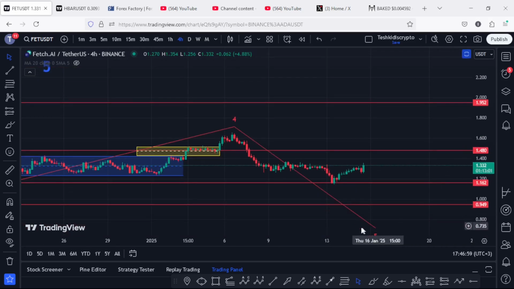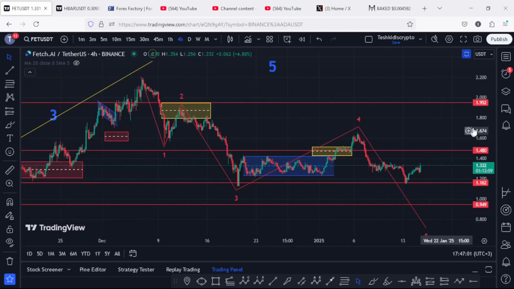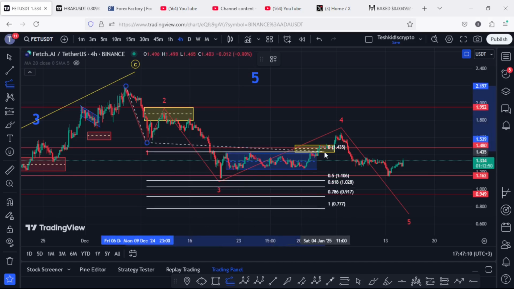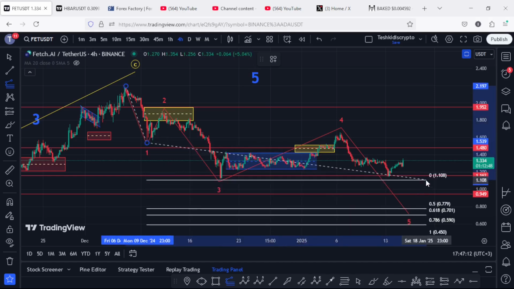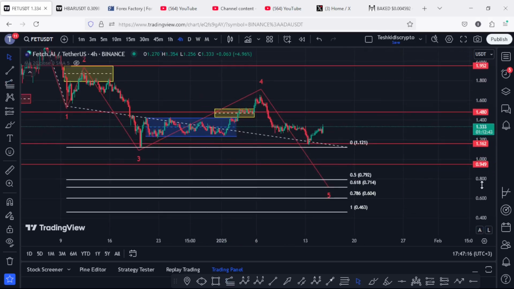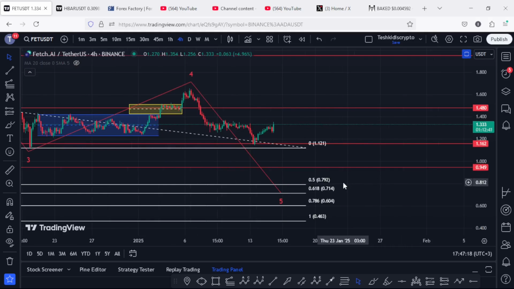in the formation of this wave 5, whose minimum target areas can be given using the fib extensions once again, connecting it from the high of the wave 1 to the low of this wave 1, then dragging the fibs to the low of that wave 3, and I get a minimum target area for this wave 5 at the fib level 0.618 that lies above the 0.714, which is the area over here.